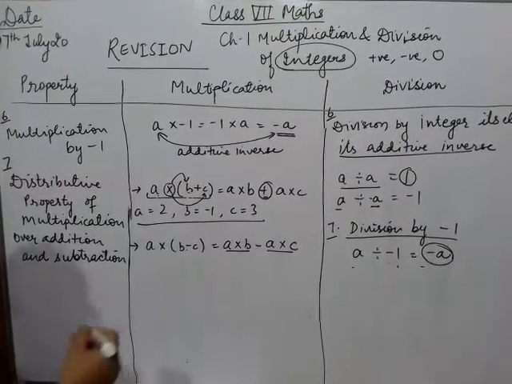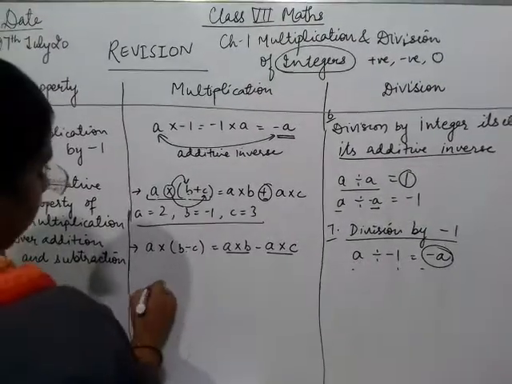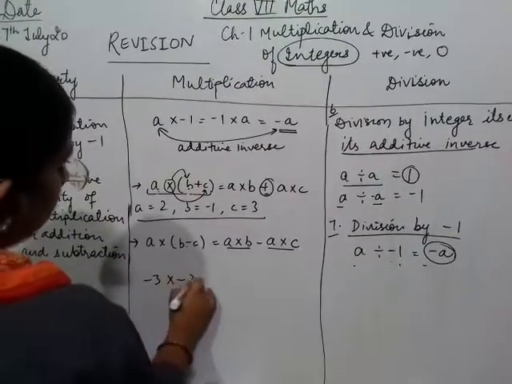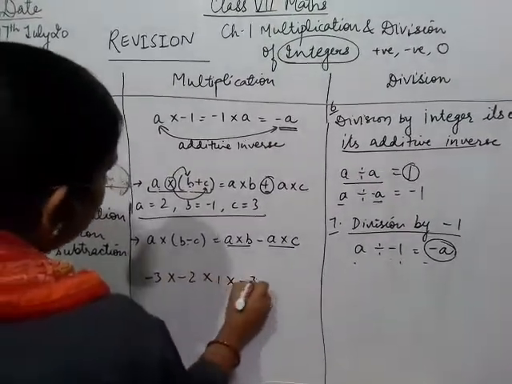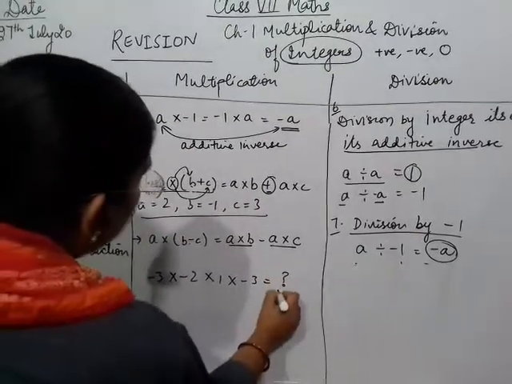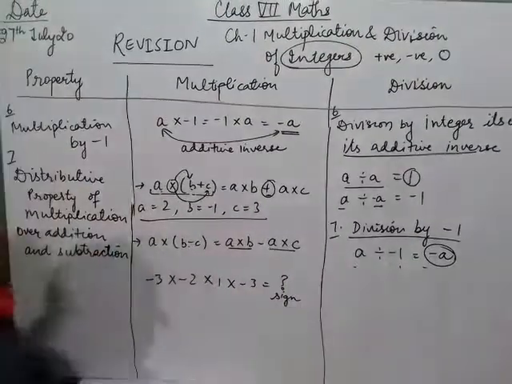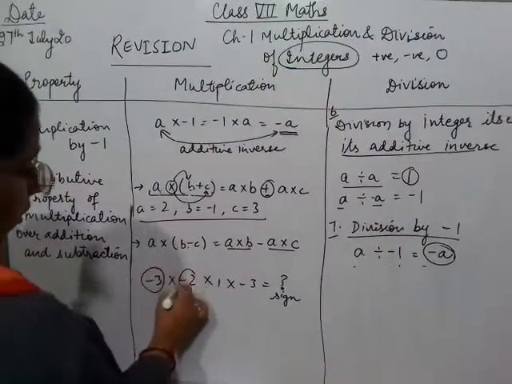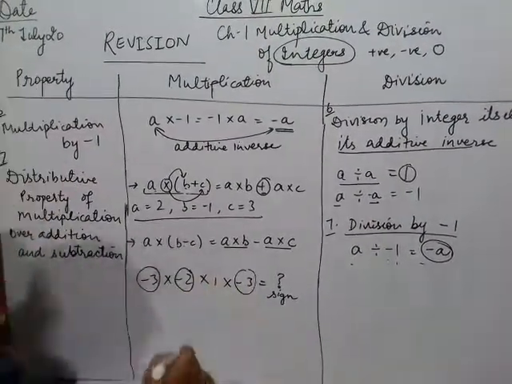Now let us do a question. If we have n number of multiplications, then what is the sign of the product in this case? As we can see, we have 3 negative integers.